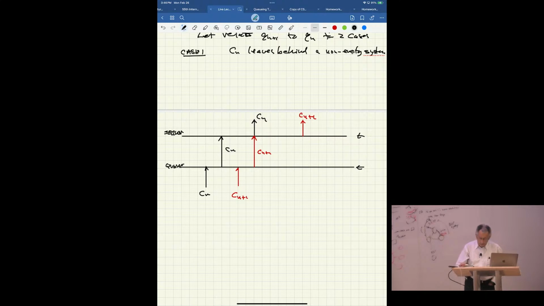Now, how many are left behind when I'm pointing? Clearly Qn by definition. Qn left behind. And similarly, over here, Qn plus 1 left behind.